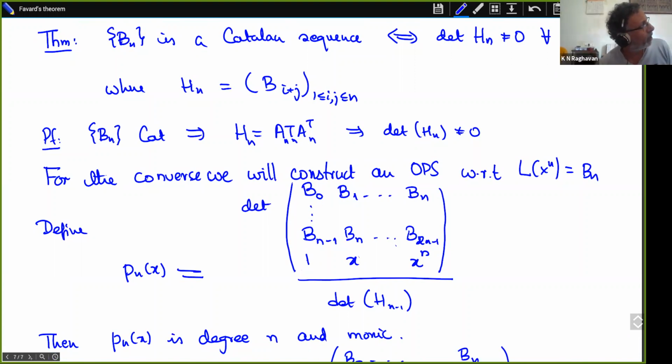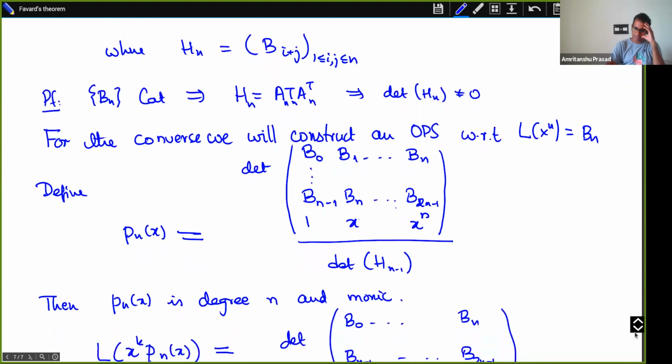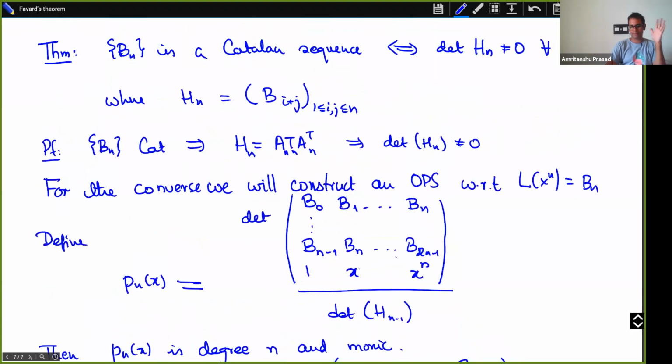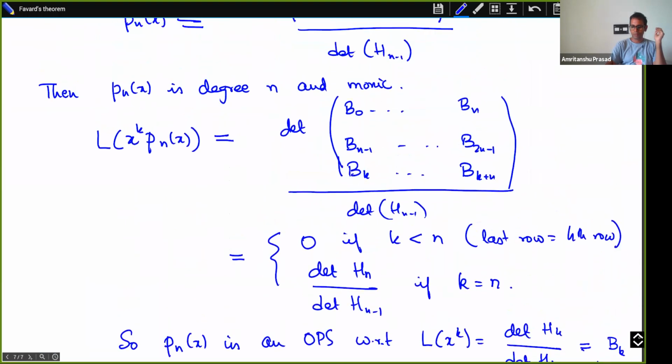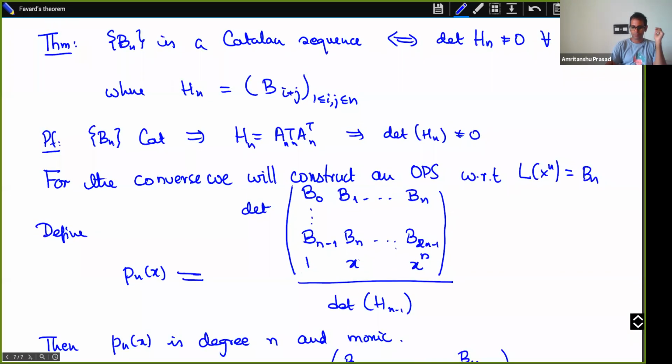It is some lambda n delta mn. So I wanted to show that if the determinant of Hn is non-zero, then Bn is a Catalan sequence. I guess that's fine. There's no problem there. Bn is a Catalan sequence. Oh, no, maybe it's not so clear.